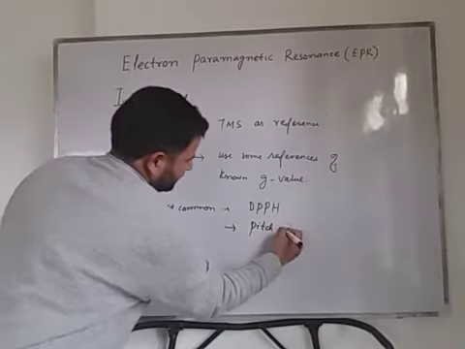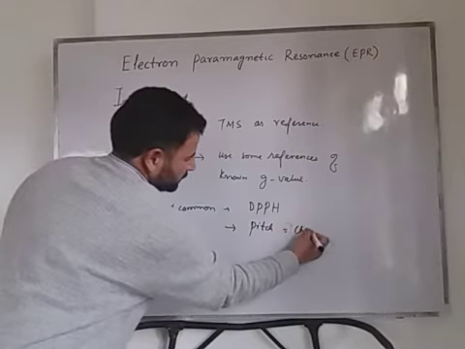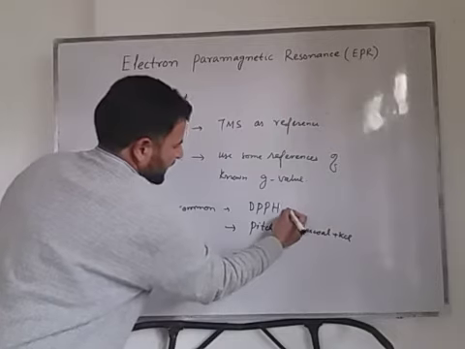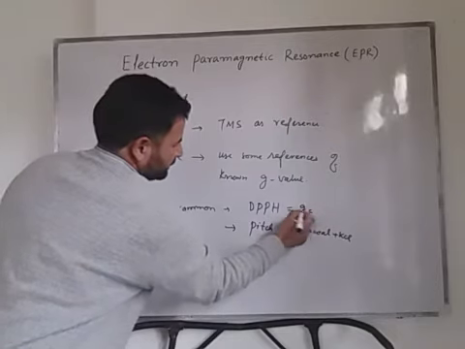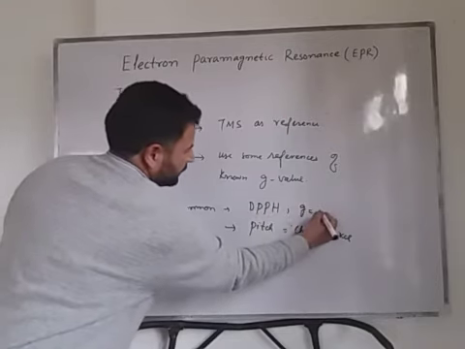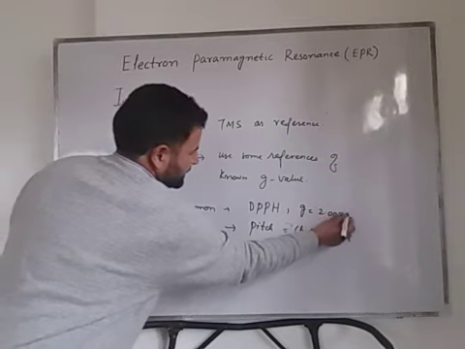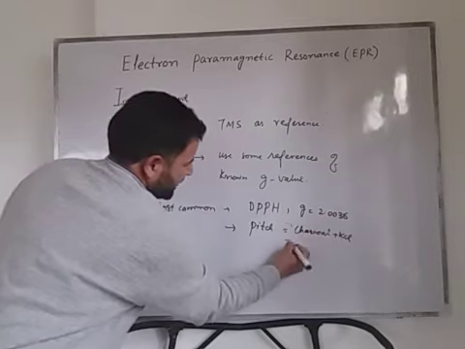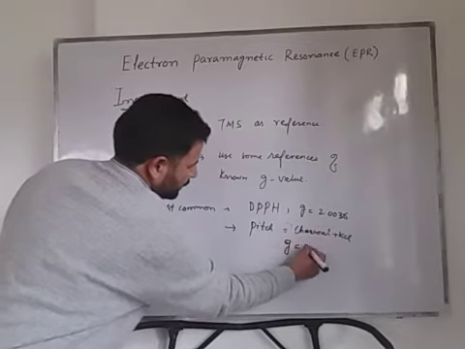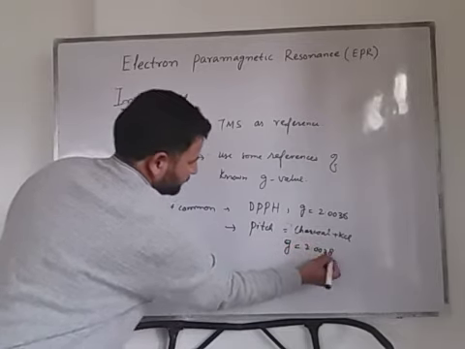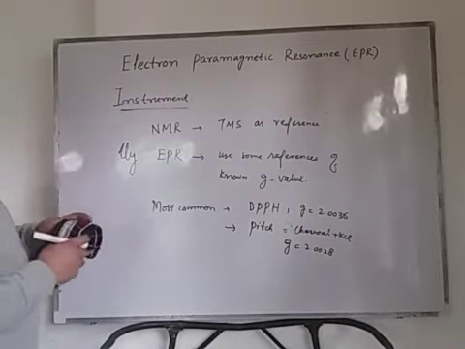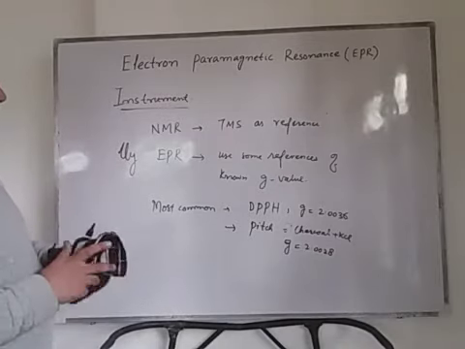Pitch is actually charcoal plus KCl. DPPH has G equal to 2.0036, and pitch has G equal to 2.0028. So they are of known G value. This type of references we can use while taking the EPR spectrum.